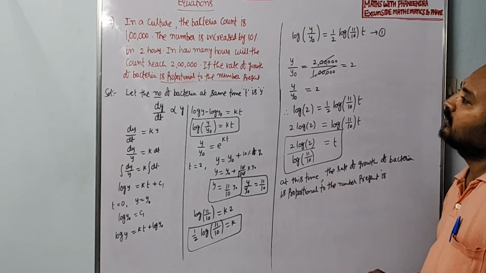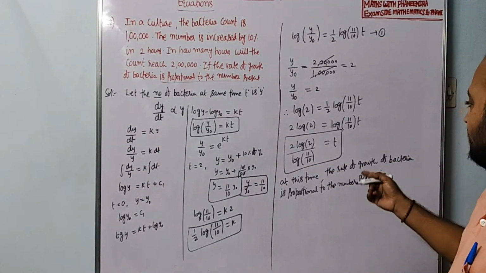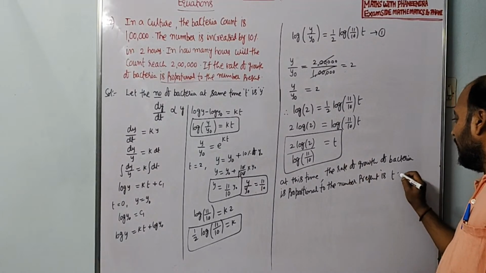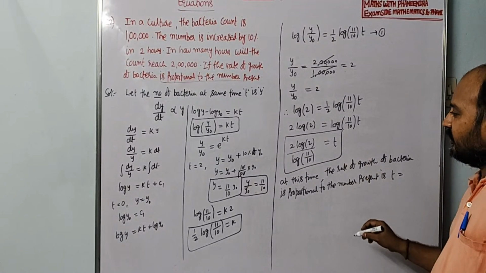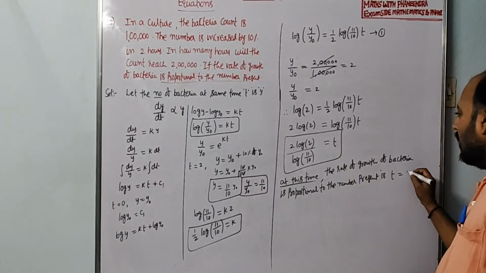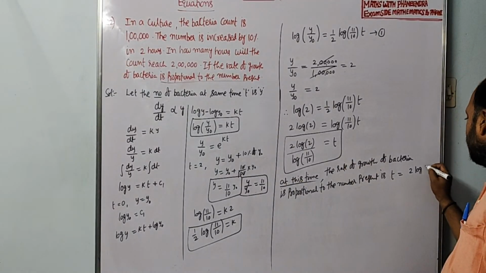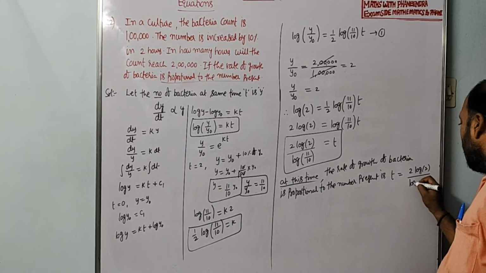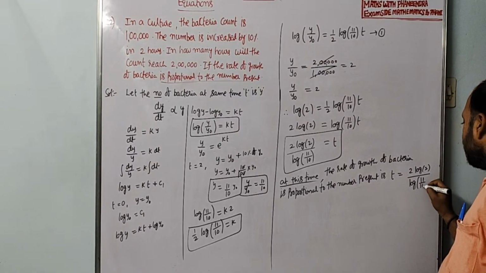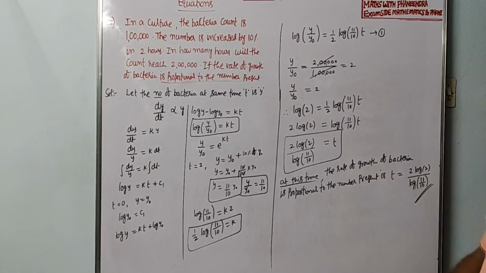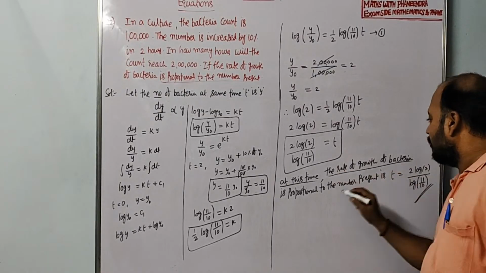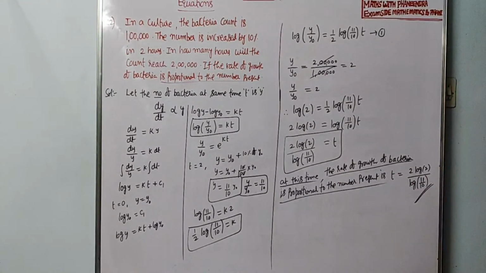How many hours will it take? t is equal to 2 times log 2 by log of 11 by 10. At this time the rate of growth of bacteria is proportional to the number present, dear students. This is the way we can conclude the last question.